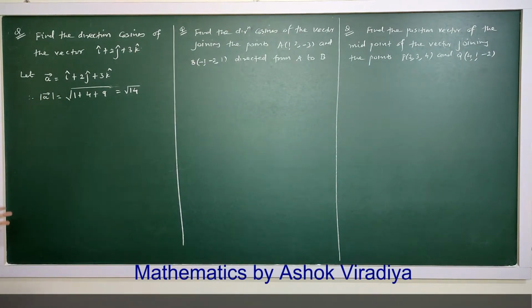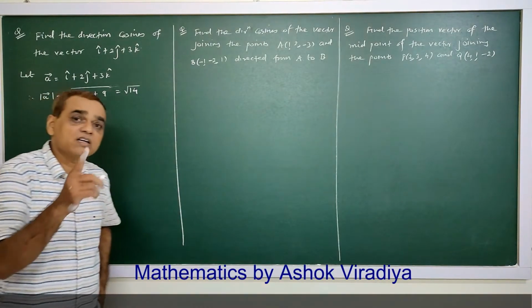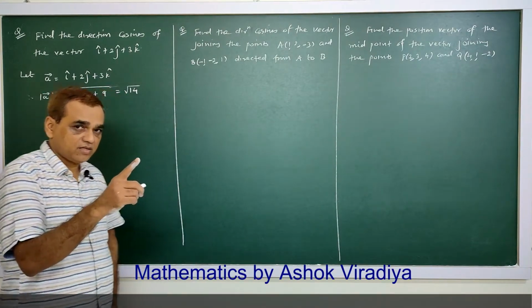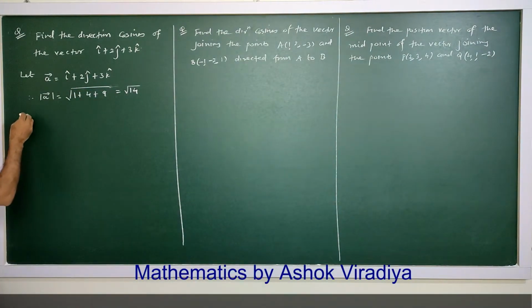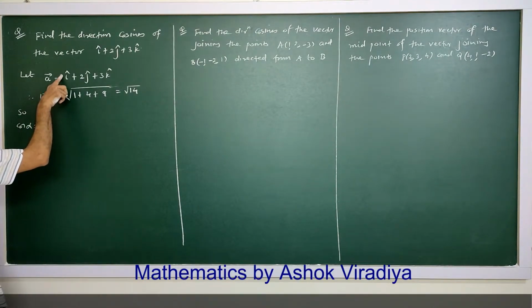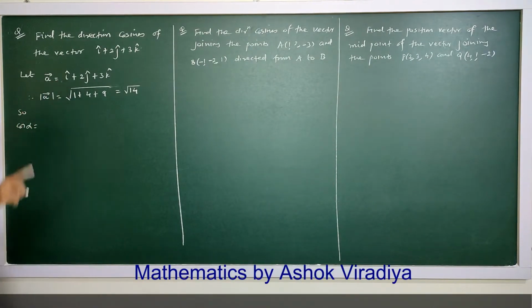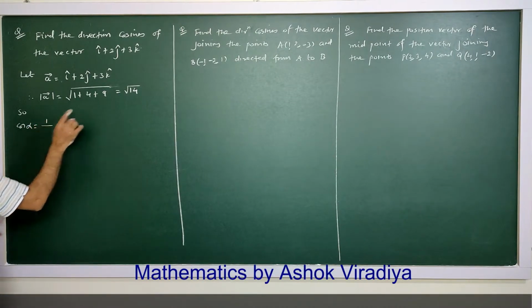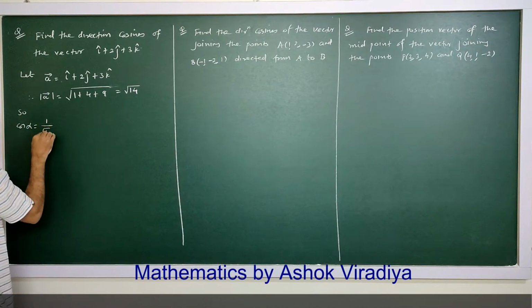Now direction cosines, that is cos alpha, cos beta and cos gamma. The formula to find direction cosines: cos alpha is the scalar component, which is 1 here, so divide 1 upon root 14.